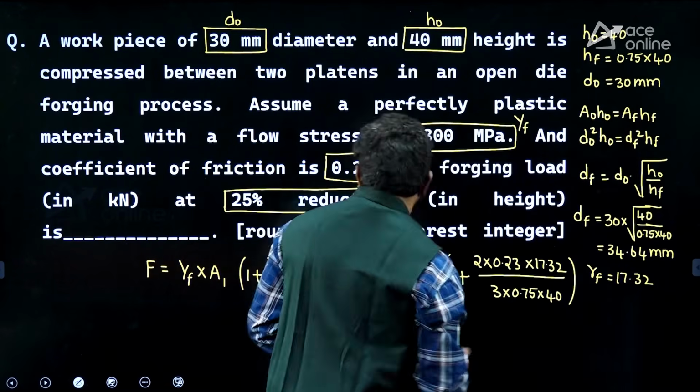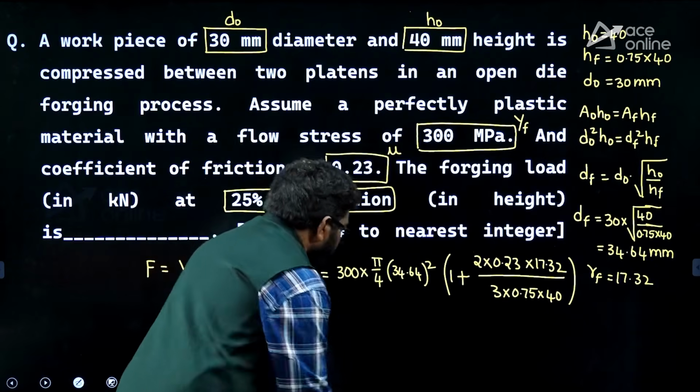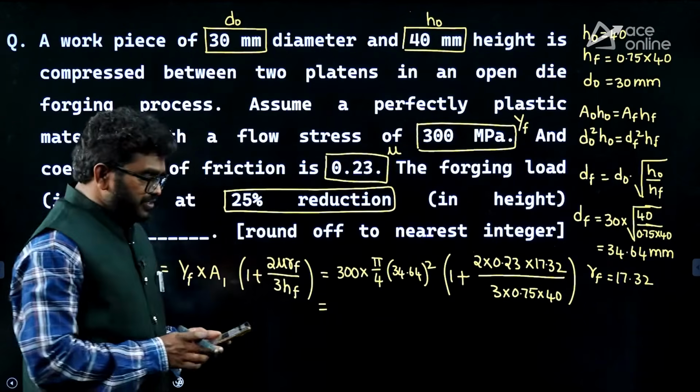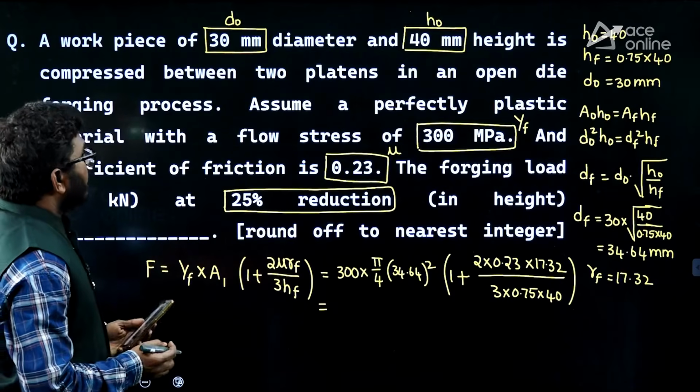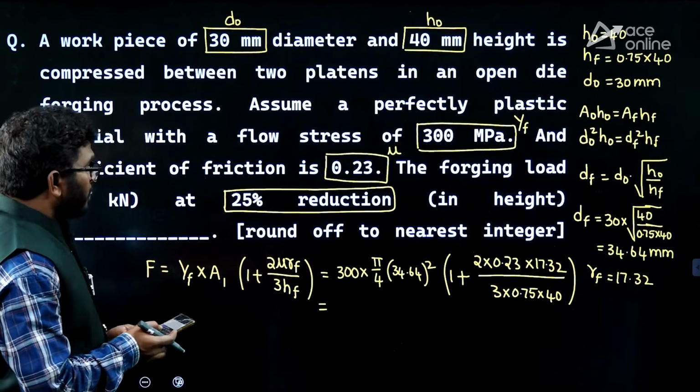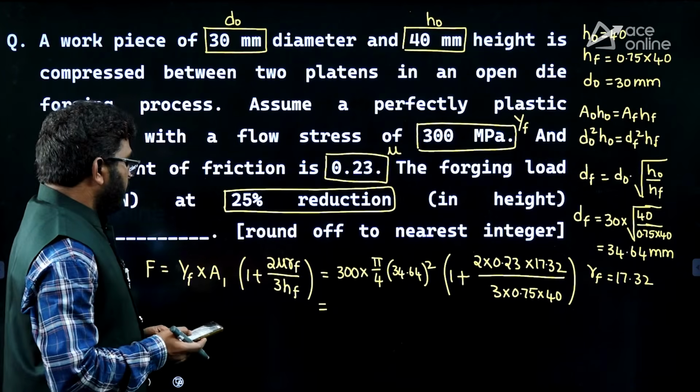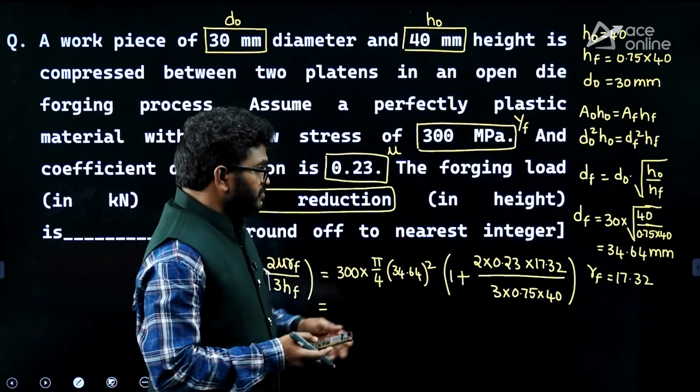Now solve this using the GATE calculator, in terms of kilonewtons. You'll get this answer in newtons.